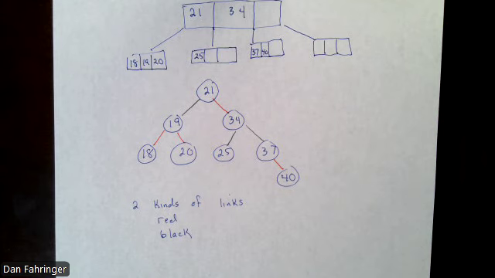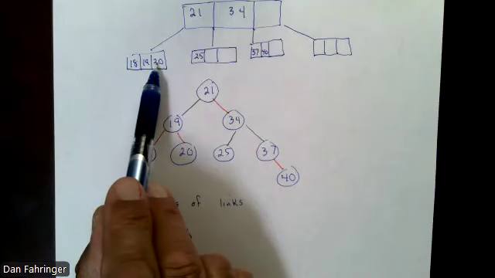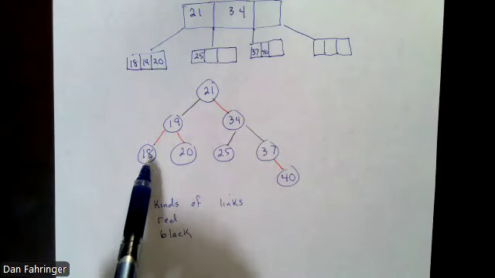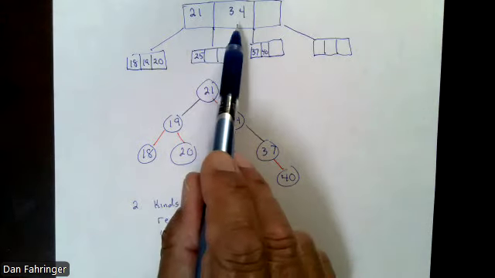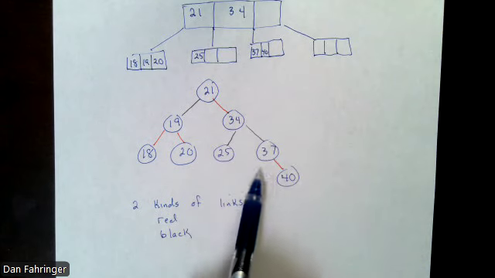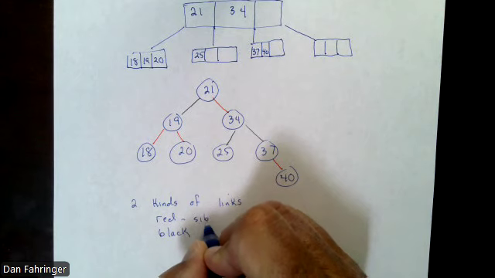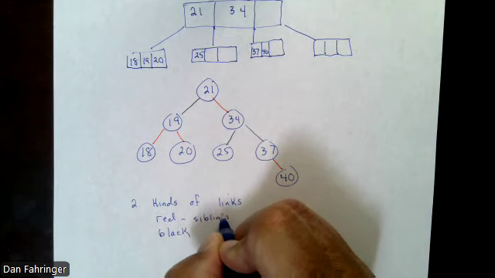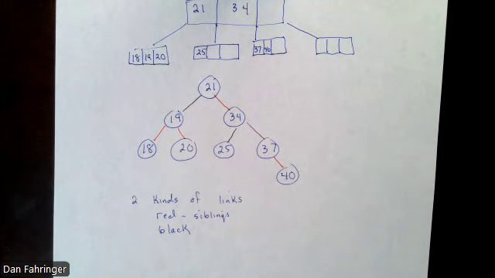Anybody? Evens and odds. No? Here's 18, 19, and 20. 21 and 34. 37 and 40. Red signifies siblings.